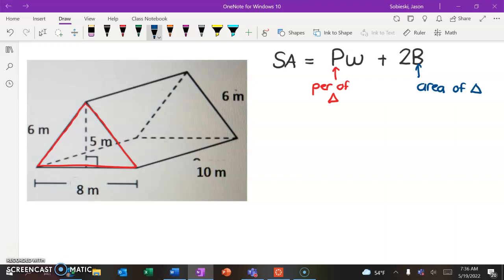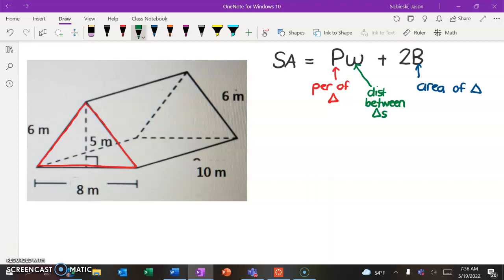They use B because they consider that the base, so the area of the base. And then lastly, W is just going to be the distance between the faces, in this case, the distance between the triangles. And we are going to find each piece of this separately.